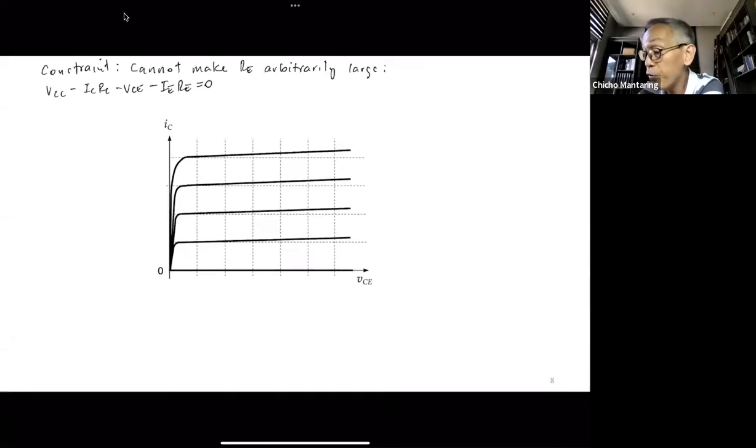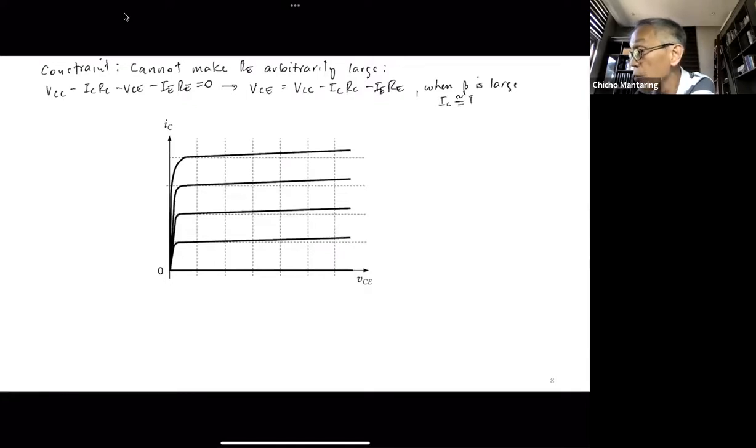Okay. And so from here, I can get an expression for VCE. VCE will be VCC minus ICRC minus IERE. Now, when beta is large, we can say that IC is approximately equal to IE. So what happens here?